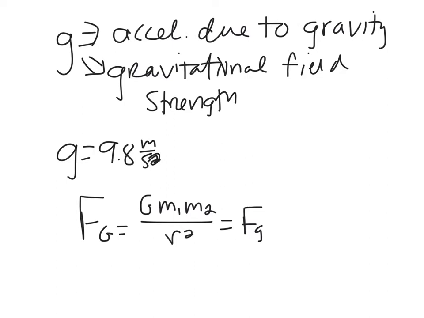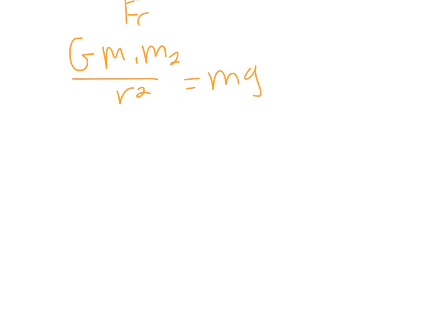So let's derive g on the surface. G m1 m2 over r squared is equal to mg. So this is just saying that Fg equals Fg. The mass over here is the mass of the object. So let's say you're doing this for you, and let's say your mass equals 70 kilograms.